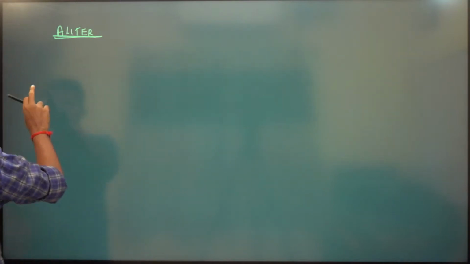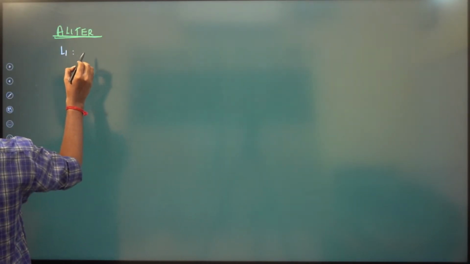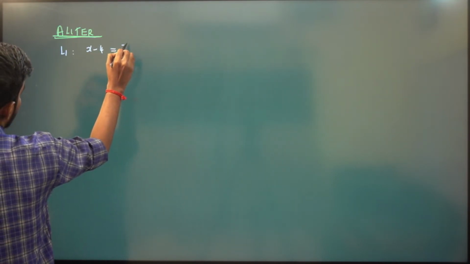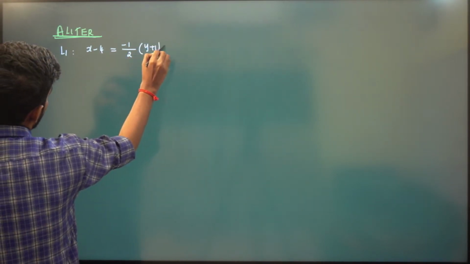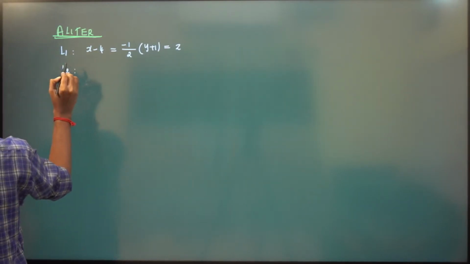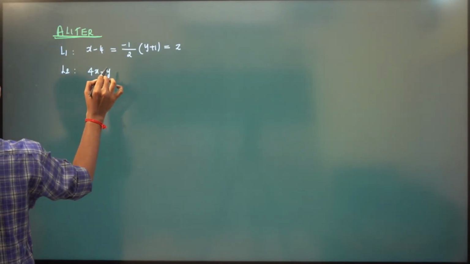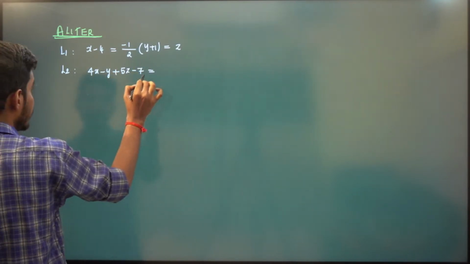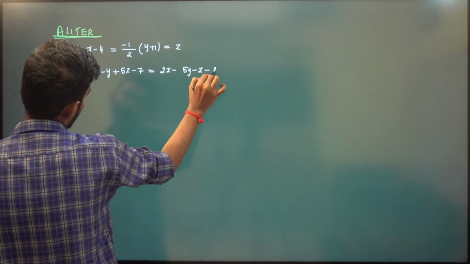Okay, algorithm. They have given two lines, right? The first line is in symmetrical form: x minus 4 is equal to minus 1 by 2 into y plus 1 is equal to z, and the second line is 4x minus y plus 5z minus 7 is equal to 2x minus 5y minus z minus 3.